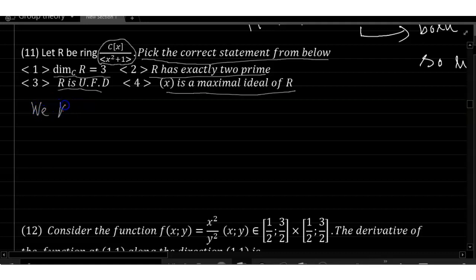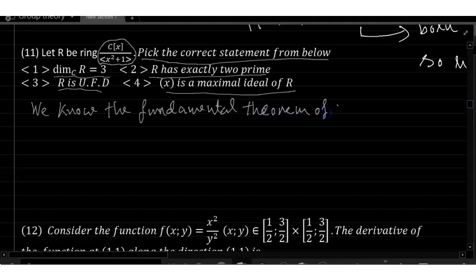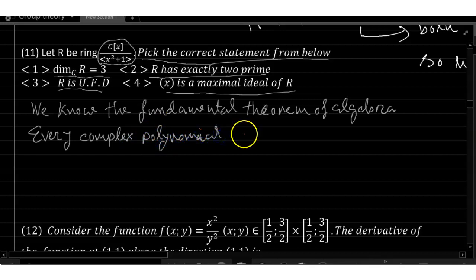We know the fundamental theorem of algebra: a complex polynomial of degree n has exactly n roots.